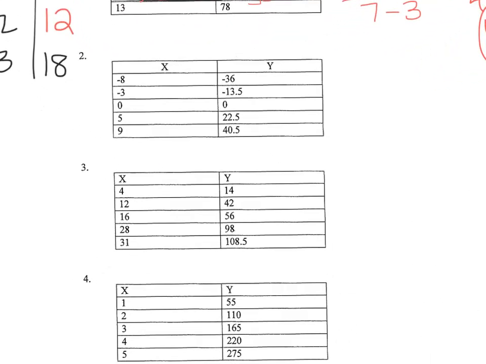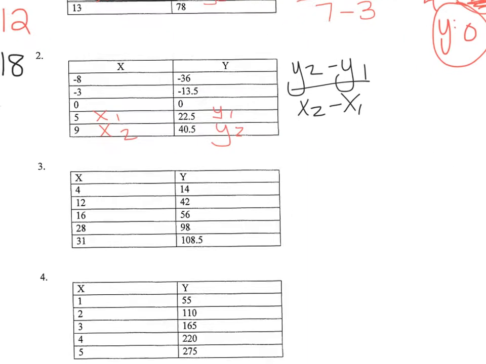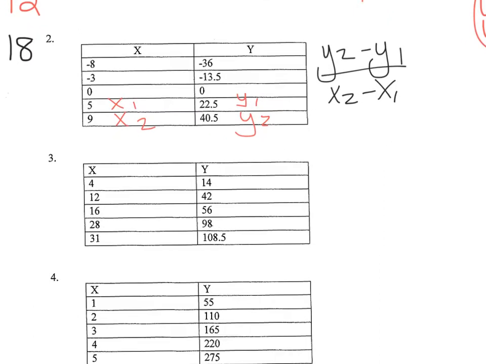Same thing on this next table. You got to label it x and y, x and y. So then the first one I wrote down, I'm going to put the 1 next to it, and then the bottom one can be my 2s. And I would write the formula down every single time until you feel really comfortable doing it. So then you can plug in your numbers from there.